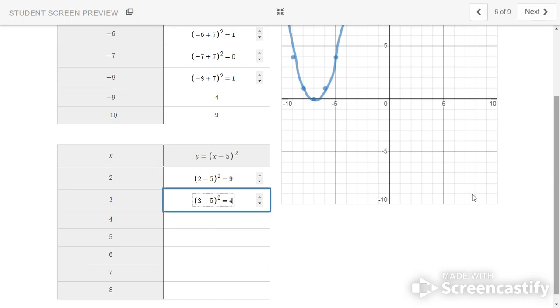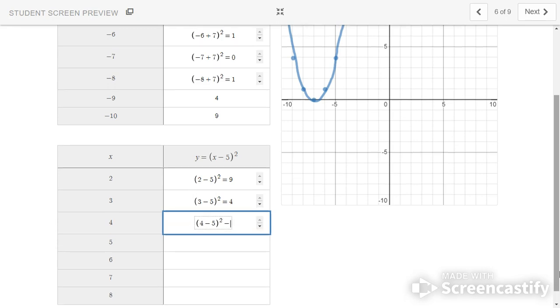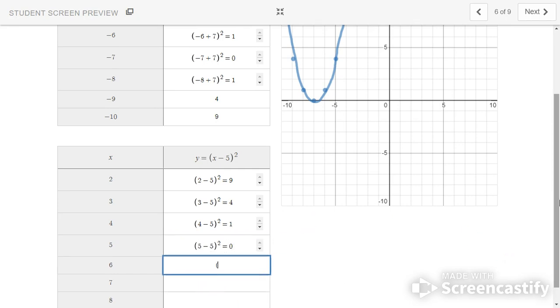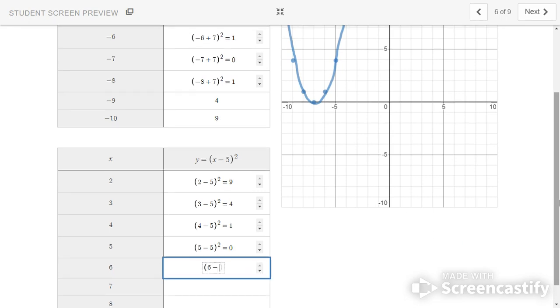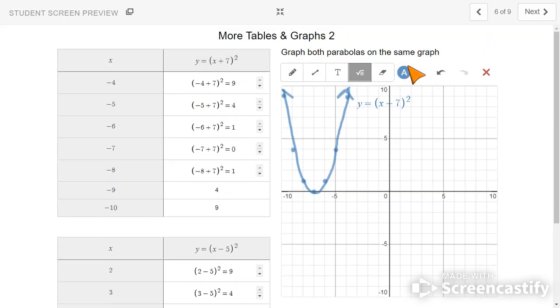Negative 2 squared, 4. 4 minus 5 all squared, that's equal to 1. 5 minus 5 squared is equal to 0. 6 minus 5 squared is 1. Once again, I'm starting to see that we're repeating itself, so I'm going to fill in the rest of those numbers, and we're going to plot this on the graph.